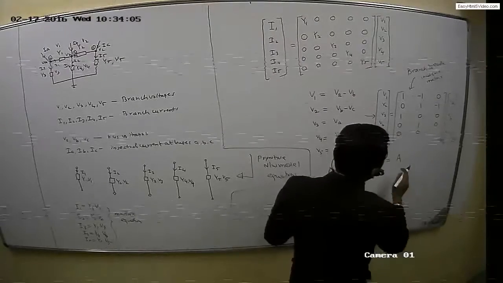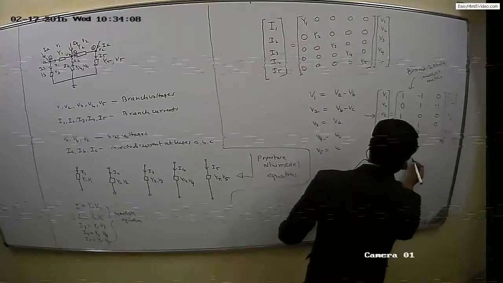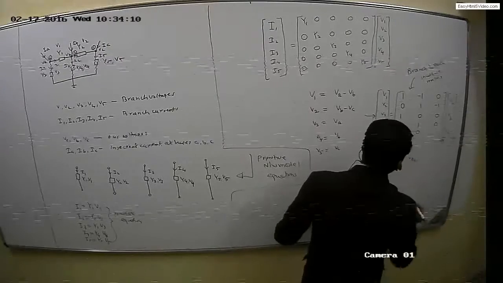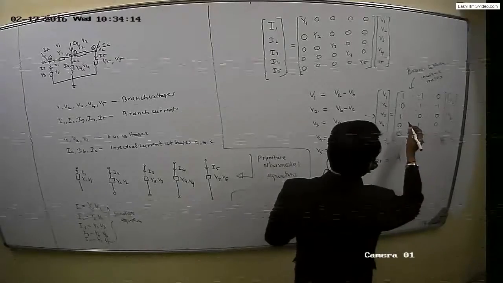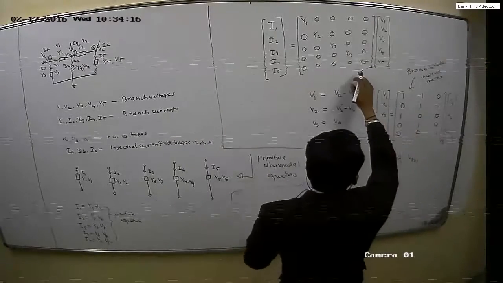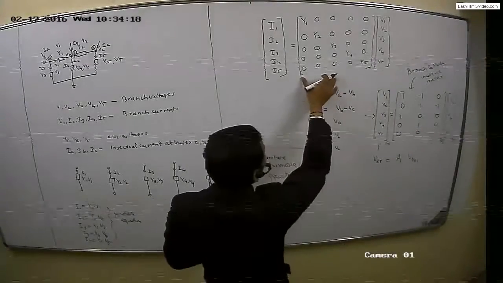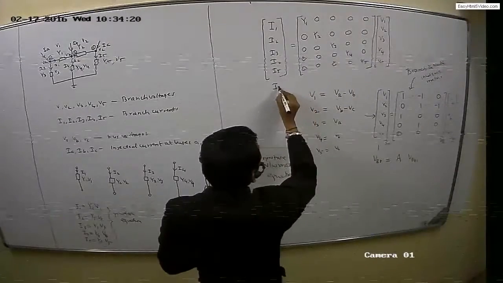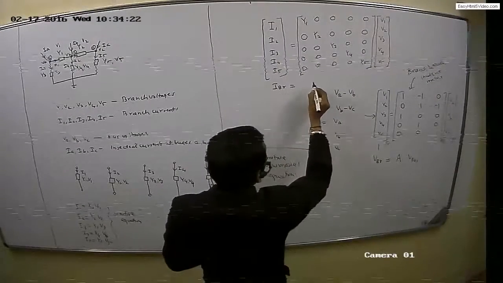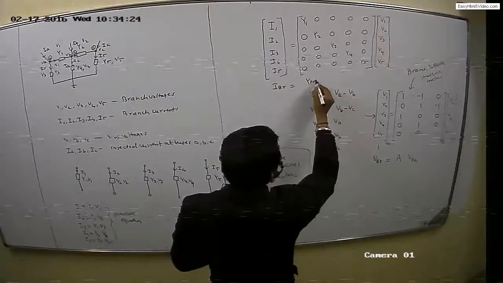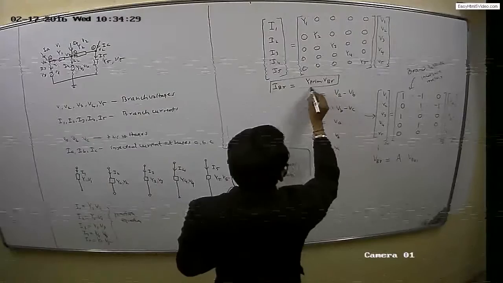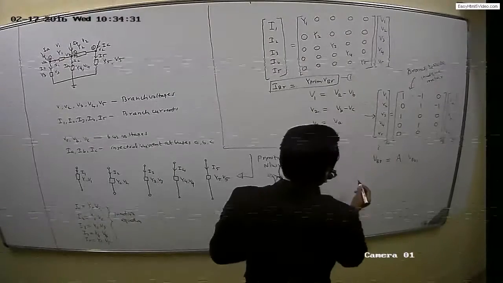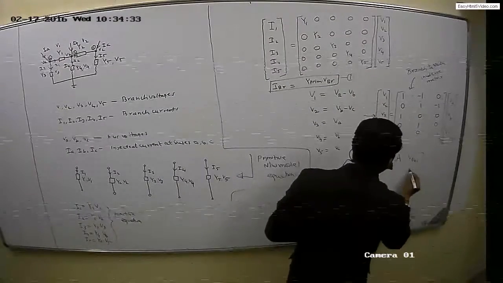So this is represented by A, and this is bus voltages vector, that is V bus. Now again, we forgot to write down the relationship. This is nothing but your I branch is equal to Y prime into V branch. So this is equation number 1, and this is equation number 2.